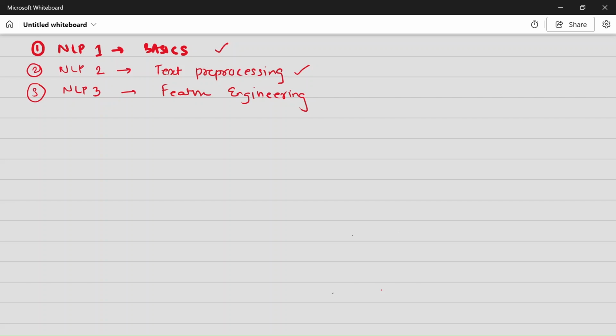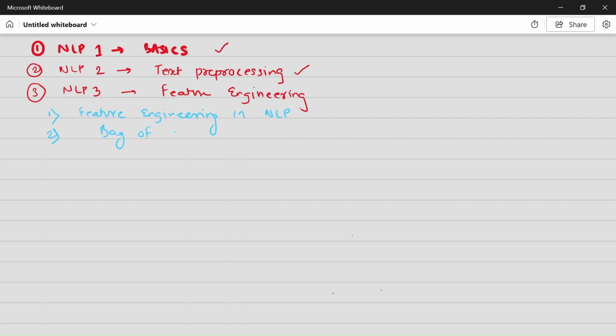So now today we are starting with the outline. Let's first understand what we are going to cover today. The first is what feature engineering in NLP is and how it is different from that in ML. Second, we are going to learn some techniques to do this feature engineering.